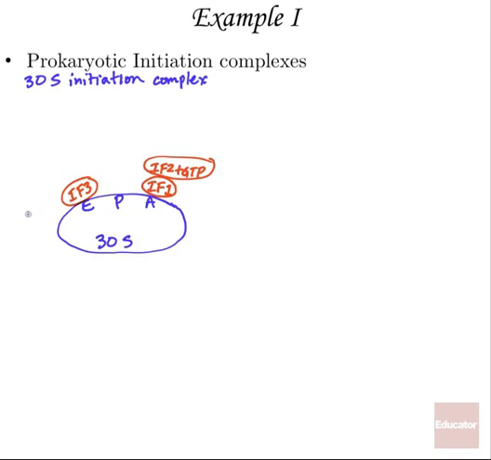Okay. We will then have the mRNA coming in, binding the ribosome via homology to the 16S rRNA. Okay, and the 16S rRNA is binding to the Shine-Dalgarno sequence found on the mRNA. And finally, we will have that formylated tRNA, okay, coming in and binding to the P site.